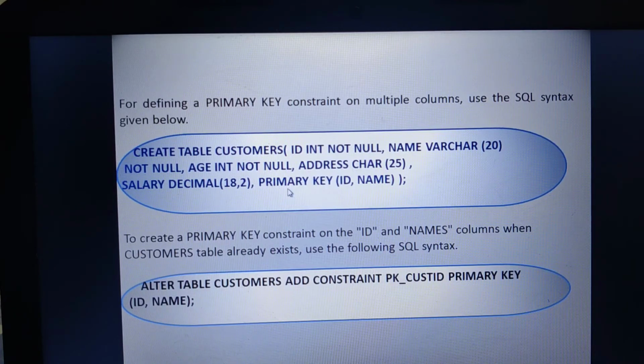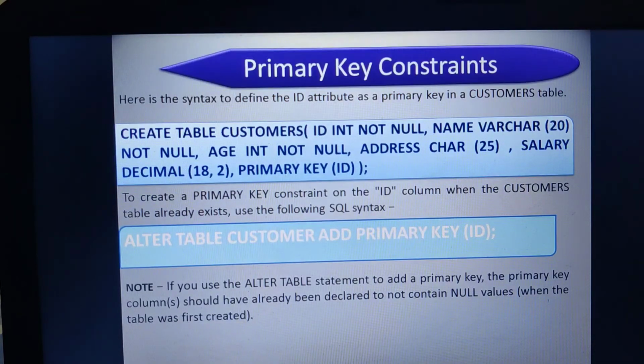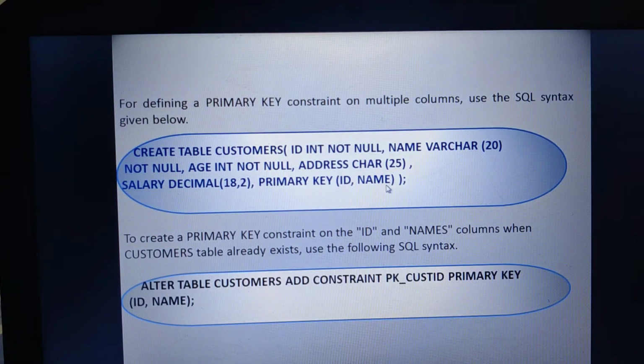Here you can see primary key ID comma name. That means in this customer table I am creating a constraint on two columns, that is ID comma name. That's why this syntax was column 1 comma column 2 and their data type. I hope you are able to understand.